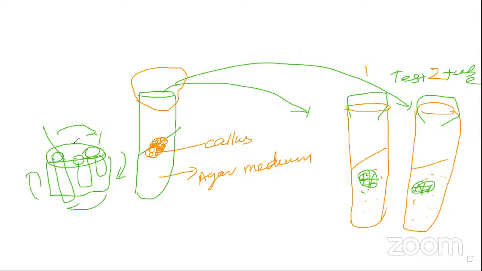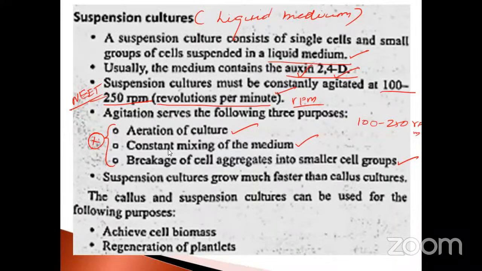As a result, already we discussed, four points have been reported: uniformly distributed aeration of the culture, which is very, very important, constant mixing of the medium, and breakage of the cell aggregates into small cell groups.